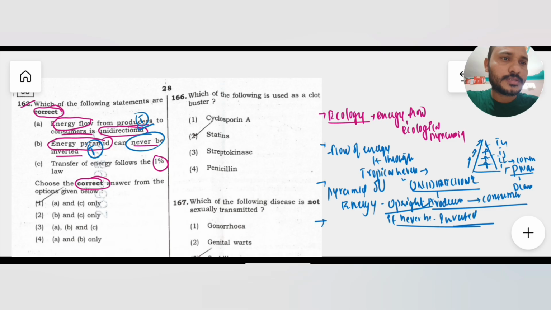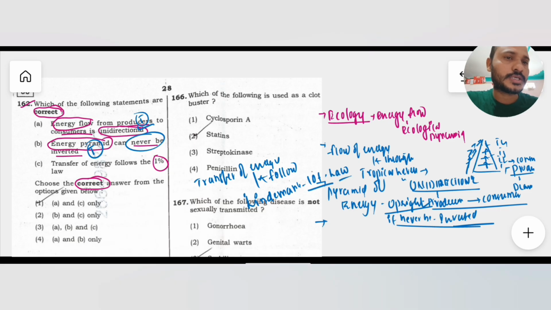When energy flows through each successive trophic level from T1 to T2 to T3, remember, transfer of energy follows Lindeman's 10% law of energy. From trophic level 1 to trophic level 2, only 10% of energy is transferred and 90% of energy is lost in the form of heat.